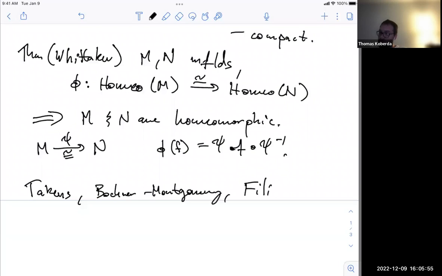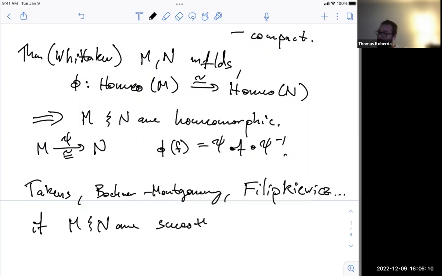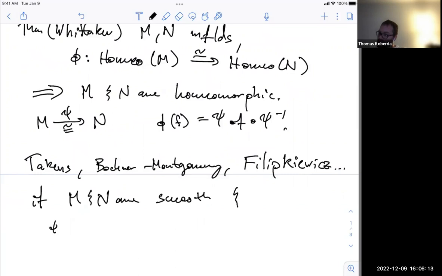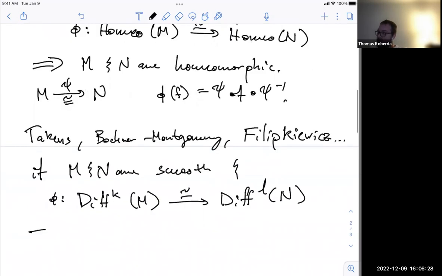Sometimes there's work that's attributed to Filipkiewicz that says if M and N are smooth, and if you have an isomorphism between their diffeomorphism groups like this, then this implies that K is equal to L, and M and N are C^K diffeomorphic.